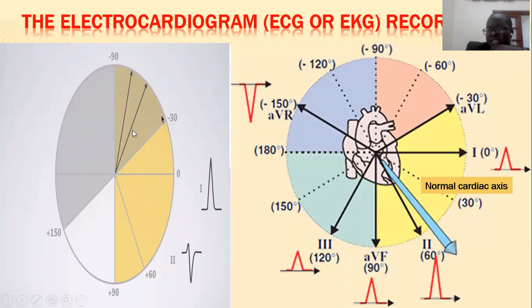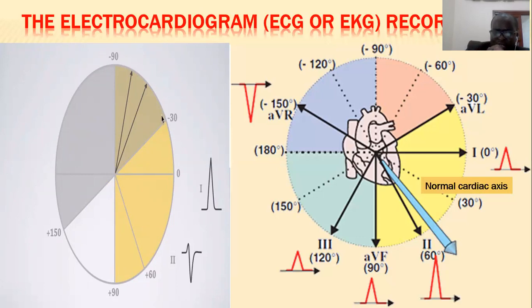It means that your cardiac axis will be the intersect between lead 1 and lead 2. So if lead 1 is positive, then lead 2 is mainly negative. You can see it's mainly negative here, so it's on the other side. Then your intersection is where you're going to have your cardiac axis.